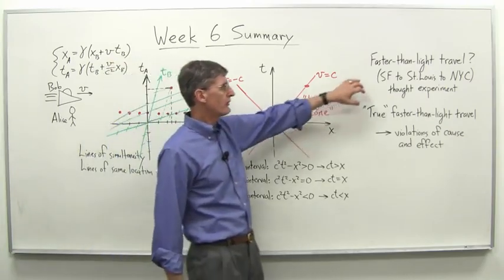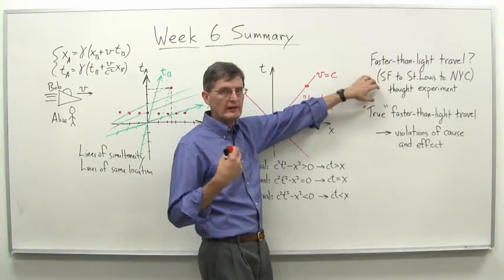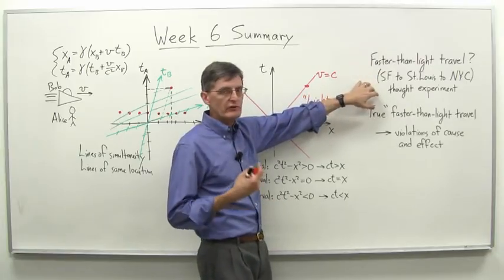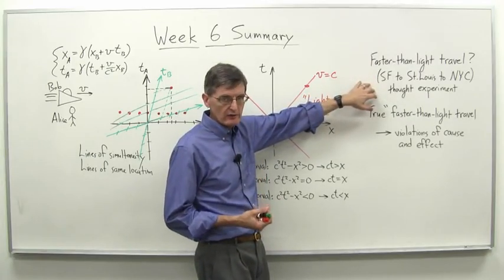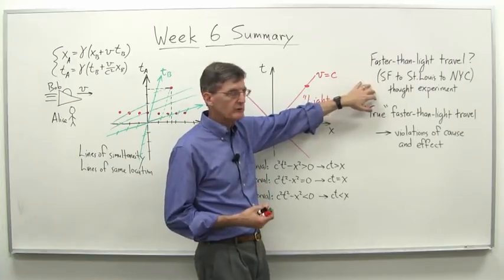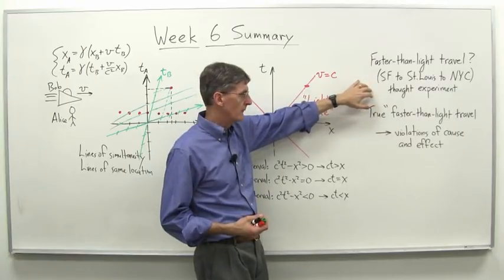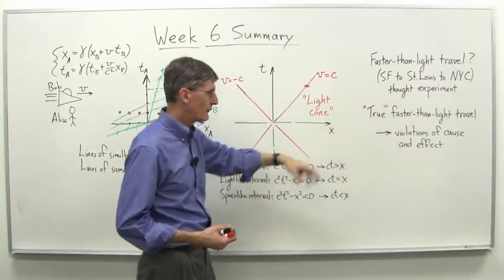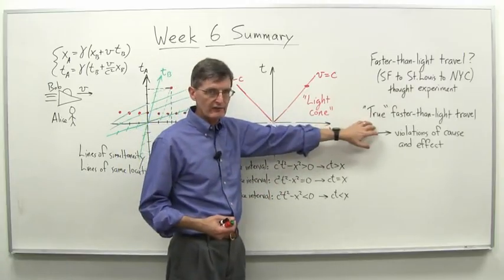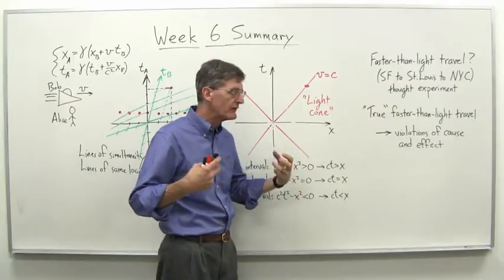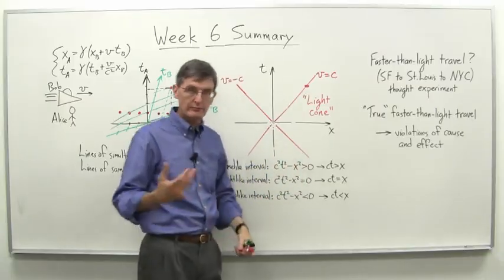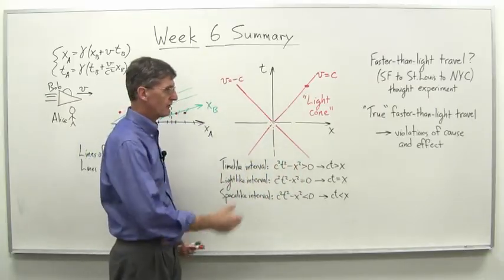So it shows there can be situations where you can get observations that seem to show a violation of the fact that the speed of light is an ultimate speed limit, but when you analyze it further, it actually is not true. And then finally, we did an example with quote-unquote true faster than light travel. So we said, okay, what if we actually had a spaceship where we could travel faster than the speed of light?